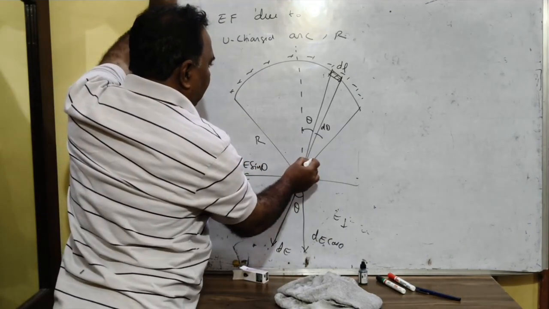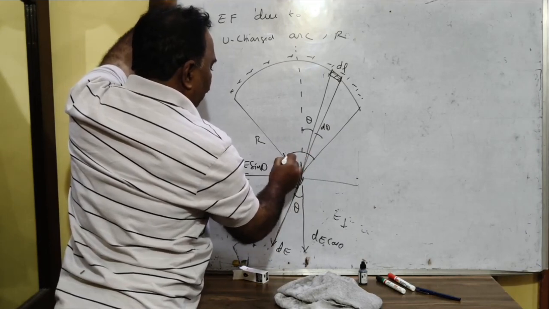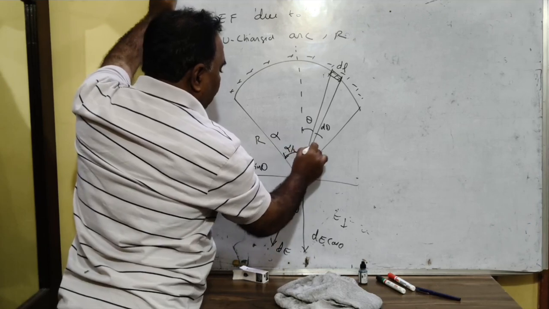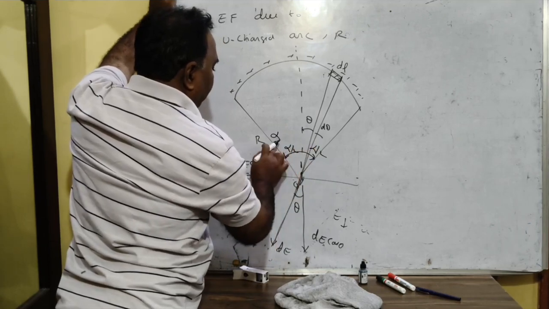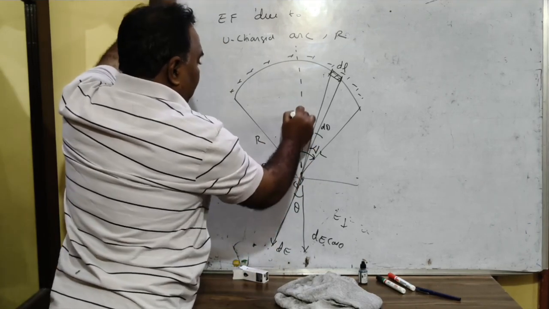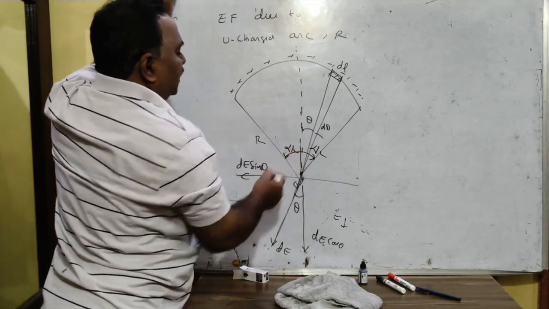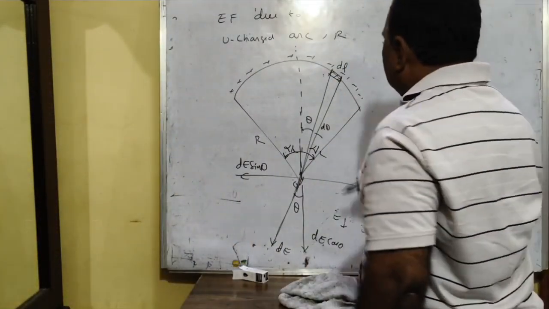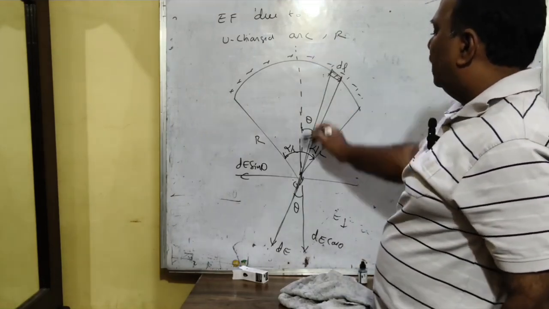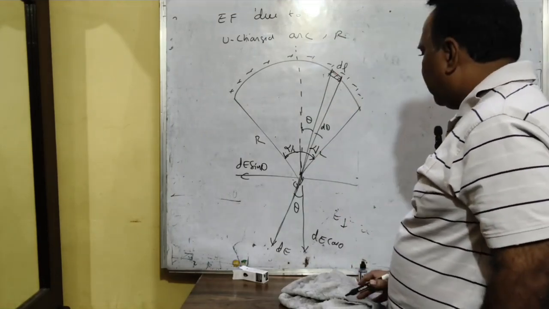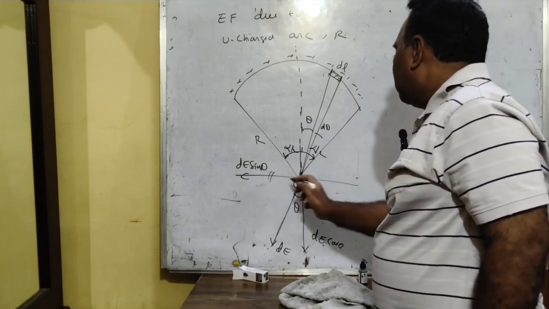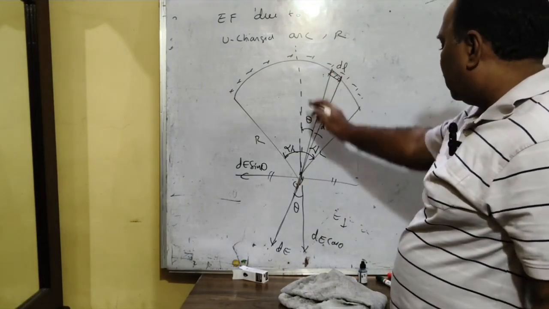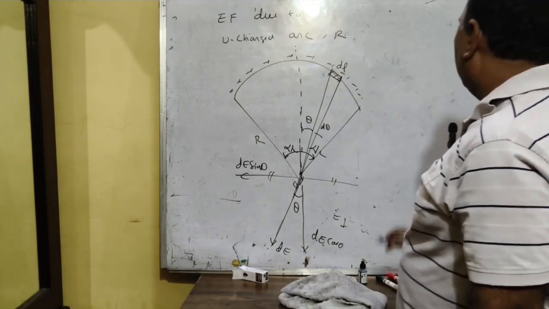Let the wire subtend a total angle alpha, therefore this is alpha by 2 and this is also alpha by 2; the left part from the central line is alpha by 2 and the right part is also alpha by 2. But in this case, as this arc is symmetrical about the bisecting line, the sin theta component of any element will cancel each other, and we only add the dE cos theta component.